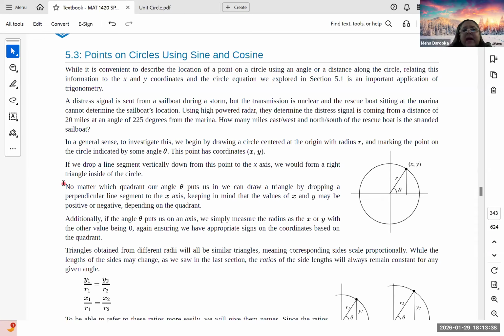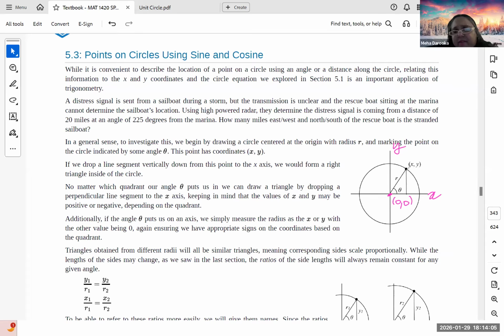To build up on that, we take our x and y coordinate plane. This would be your x-axis. This is our y-axis. We start by drawing a circle centered at 0, 0, so of course this point would be at your origin. You have your radius r, and you mark the point by using the angle theta.